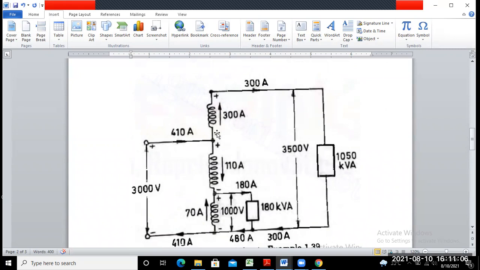Suppose you require 2500 volt instead of 3500 volt. Up to this point, we have 3500 volt. If we reverse the polarity of this winding, placing the plus sign here instead of minus and the minus sign here instead of plus, the EMF will be subtracted.